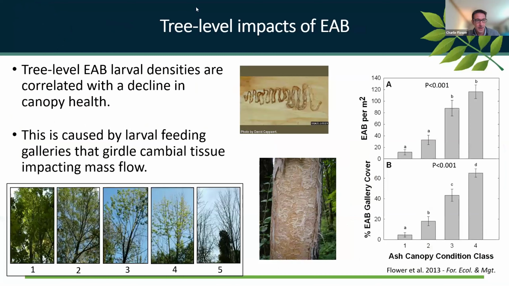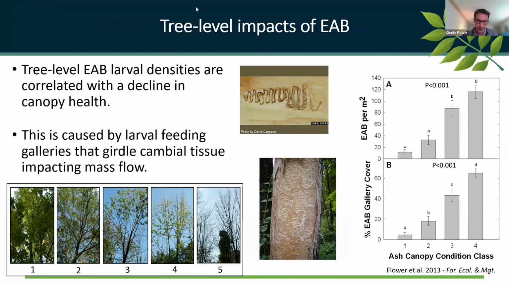At the tree level, emerald ash borer larval densities are really correlated with decline in canopy health. We've adapted and utilized a generic 1 to 5 canopy classification scale, with a 1 being a healthy tree and a 5 being a dead tree.